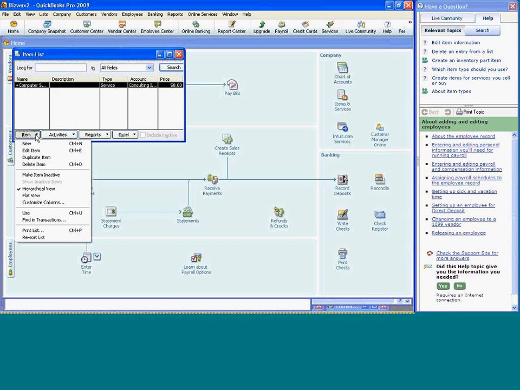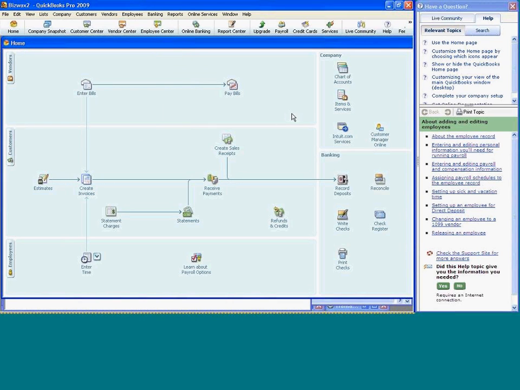And again, remember before, somebody asked me questions, I knew this, I just had to find the right place. When you have a transaction, for instance, you have a bill that you send out every month, you can actually duplicate the bill over and again. So if you create one bill for rent, you can duplicate it 12 times for the rest of the year. Okay, so that's the items and services. Very important.